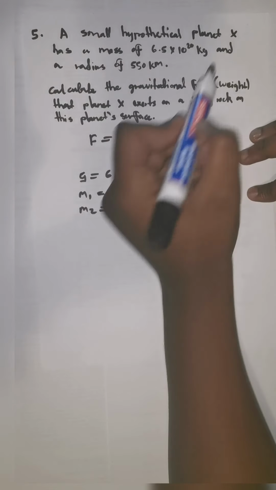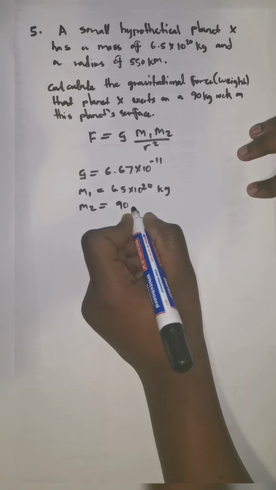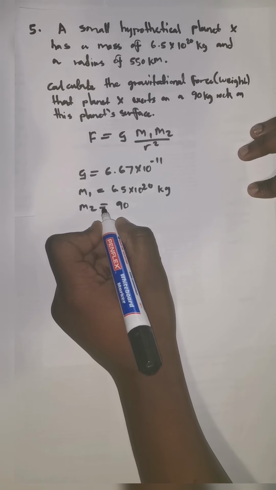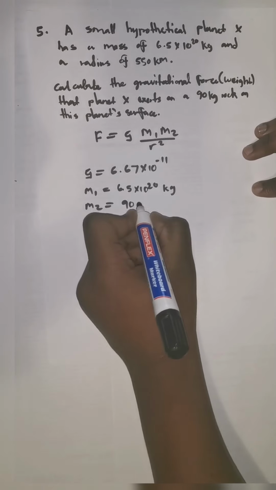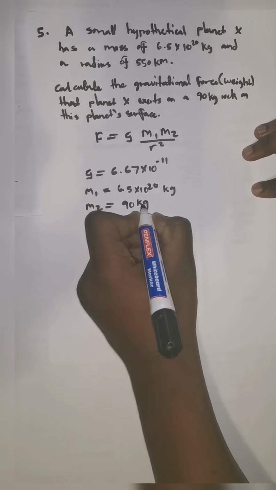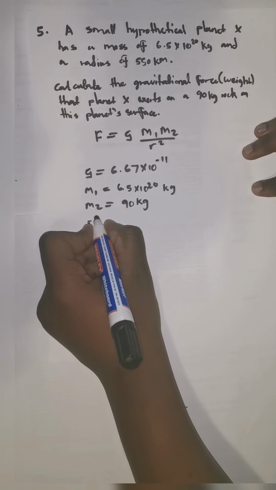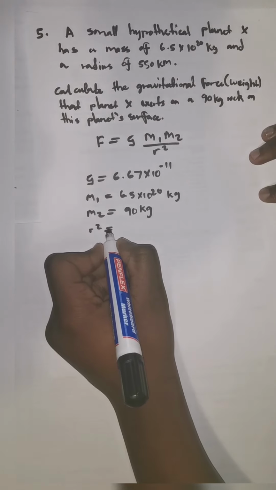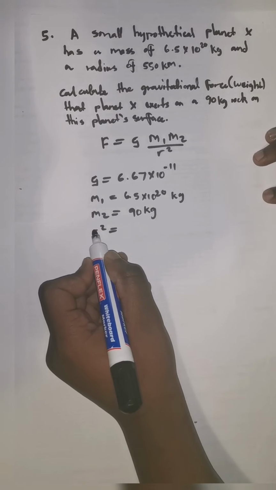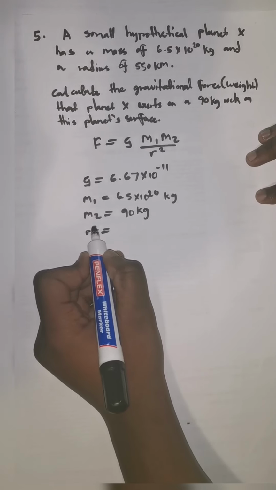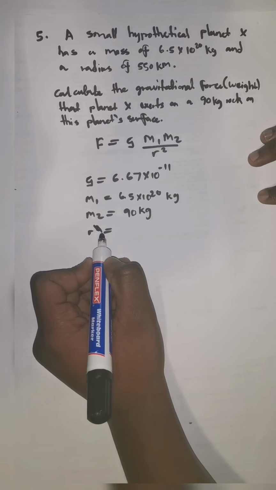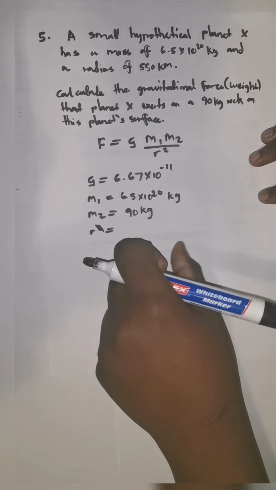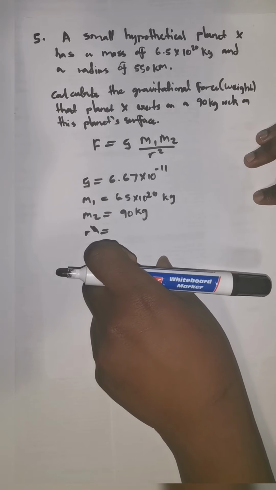I took the mass of planet X as mass 1, and then mass 2 I took the mass of the rock. So it's always 2 objects that we focus on, right? And then this is r, the distance between the 2 objects. So it's actually the distance between the centers of the 2 objects.